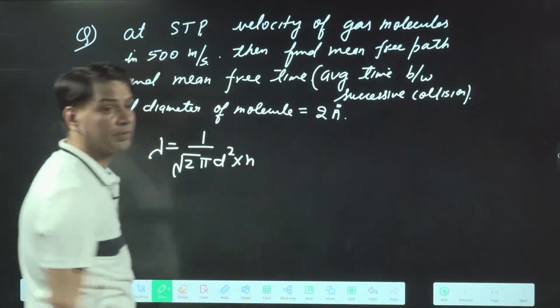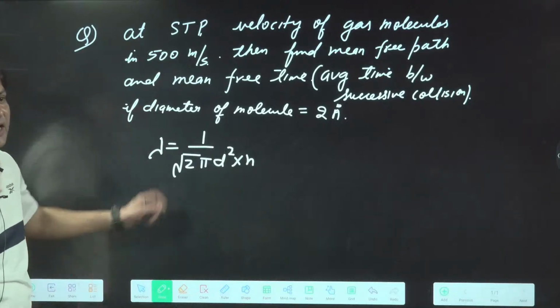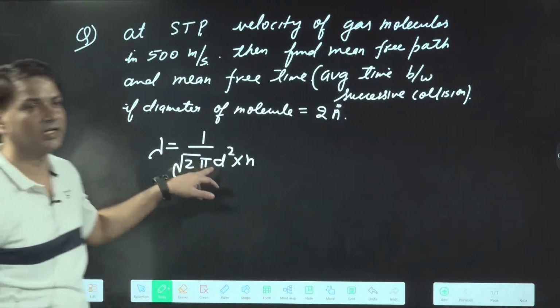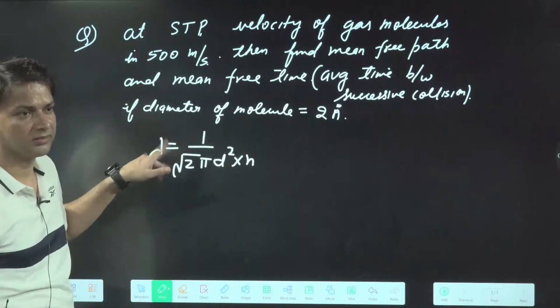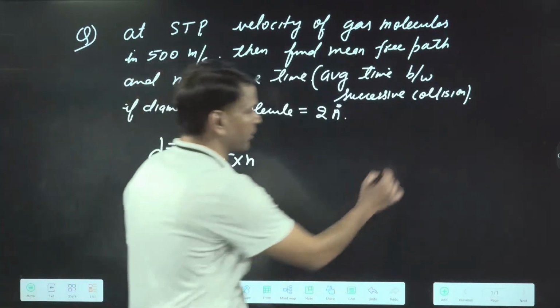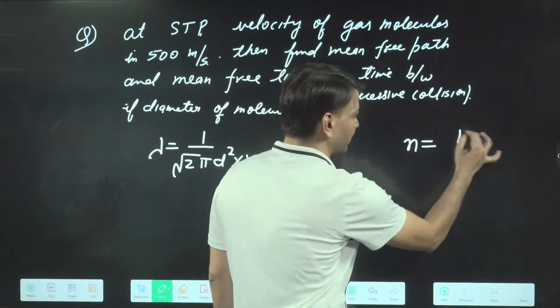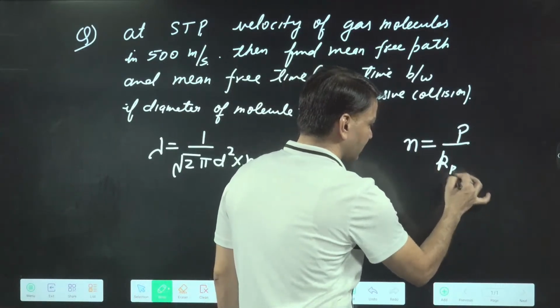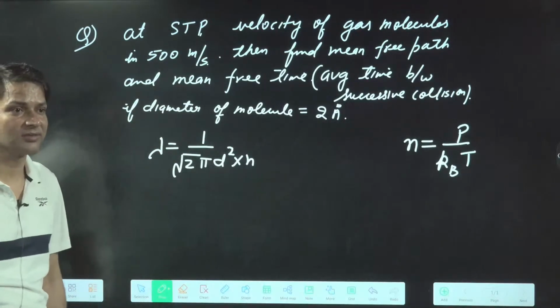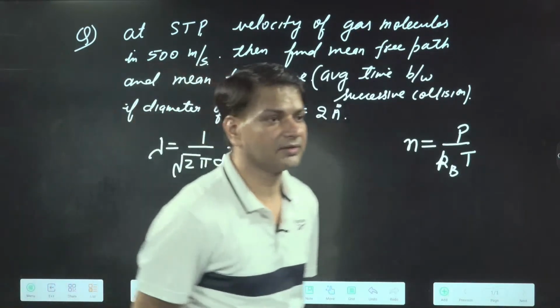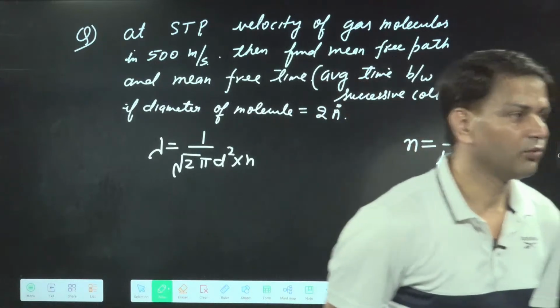N you will put P by kT. Remember, last class I discussed n you can put P by kT. Say yes or no. Number of molecules per unit volume we got what? P by Kb into T. What was the n here?